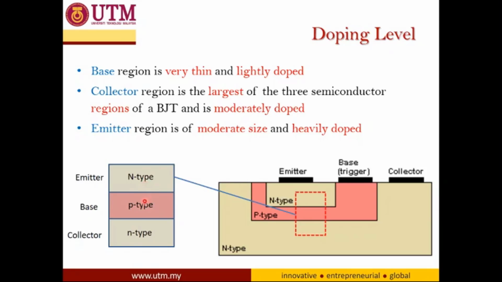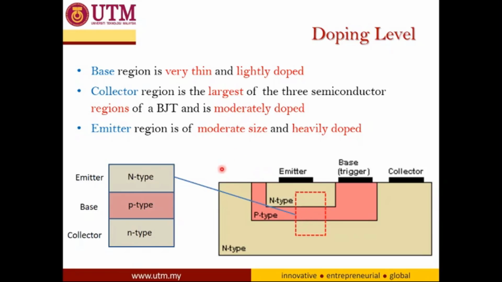Basically, there are certain specifications for the design of the BJT in order to make the device operate in optimum condition. In terms of the base region, the middle layer here, usually the base region is made very thin and lightly doped, so the doping concentration is quite low.